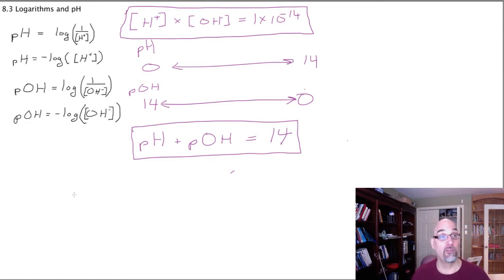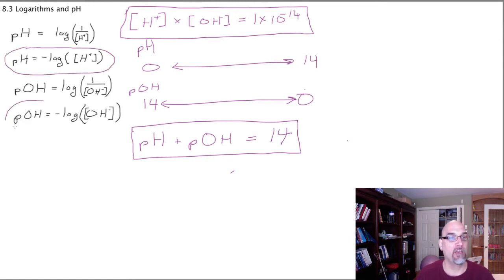It's maybe not totally obvious, but with these formulas, they go both ways. Remember, we learned about anti-logs. So remember that on your calculator, you may have a button that says anti-log.